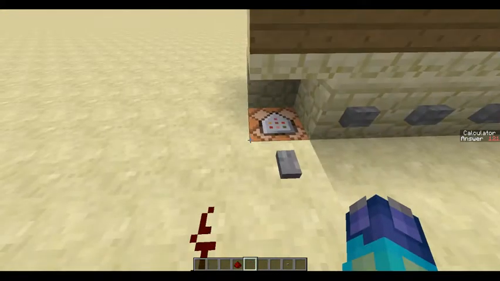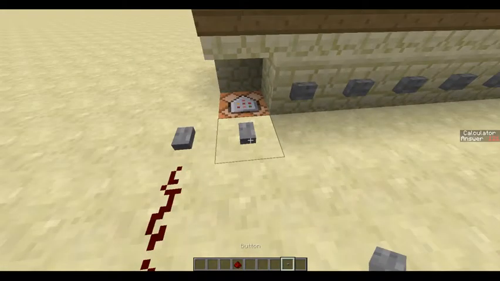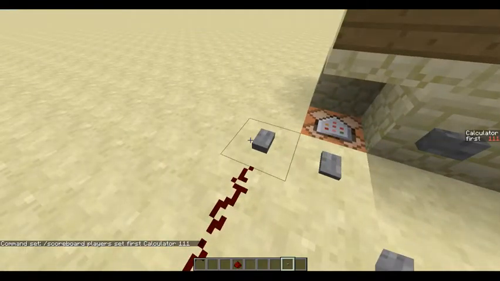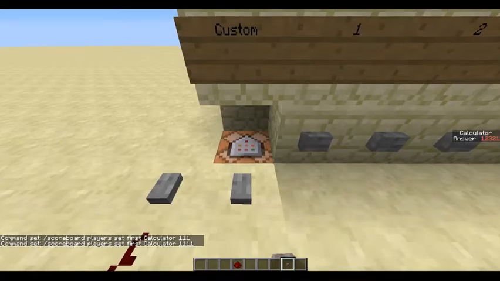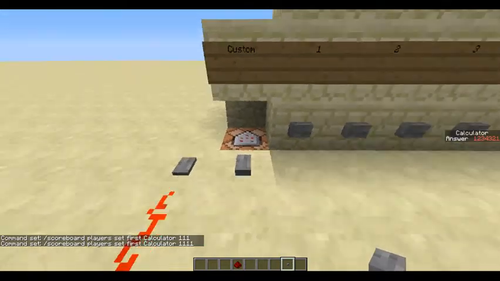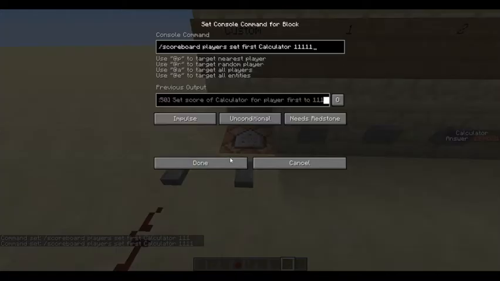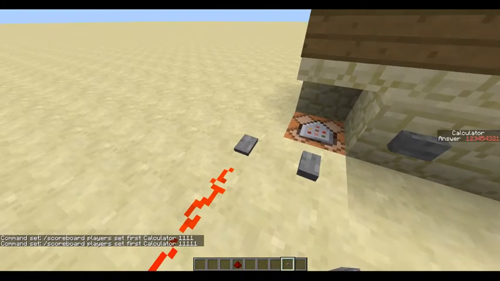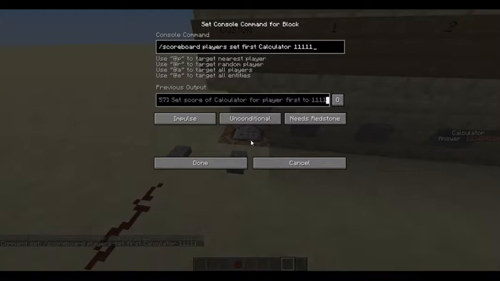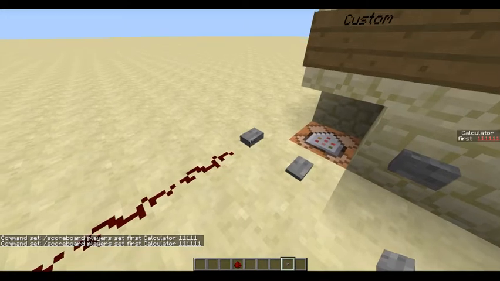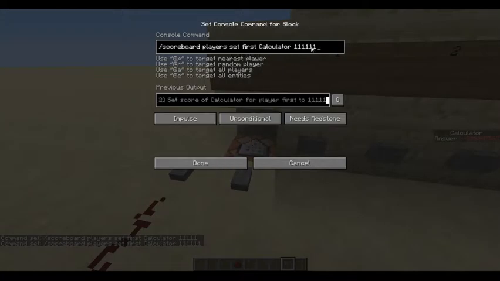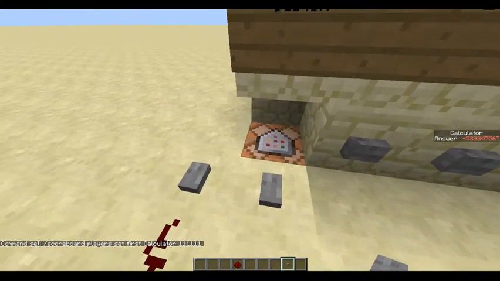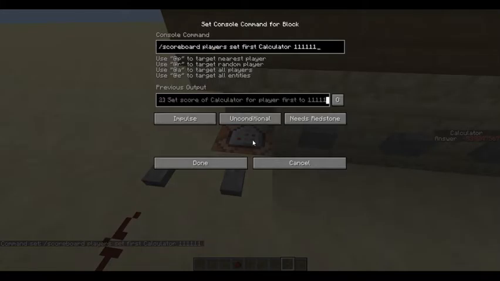Okay, so 11 squared is 121. 111 squared is 12321. 1,111 squared is 1234321, and 11,111 is 123454321, and this gradually gets higher. I mean, the machine breaks here, but it should be 1, 2, 3, 4, 5, 6, 7, 1, 2, 3, 4, 5, 6, 5, 4, 3, 2, 1.